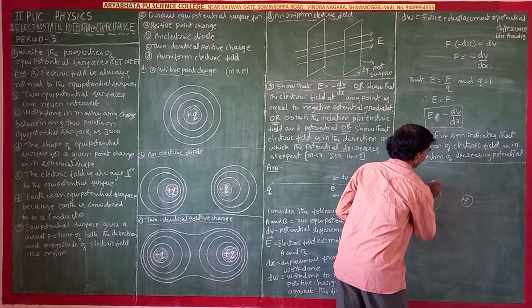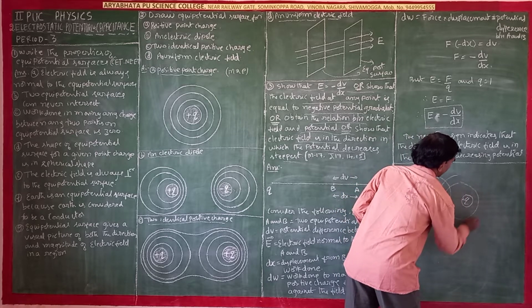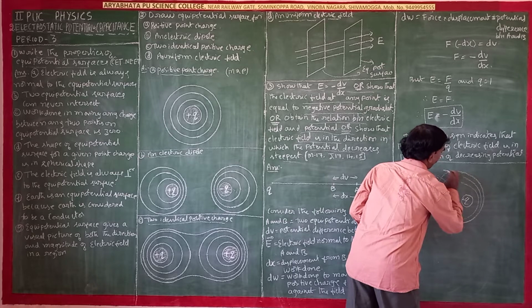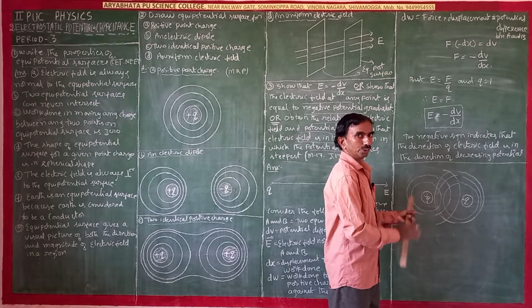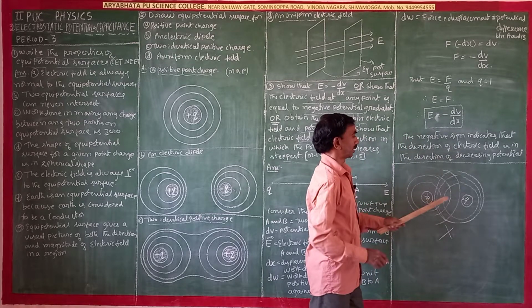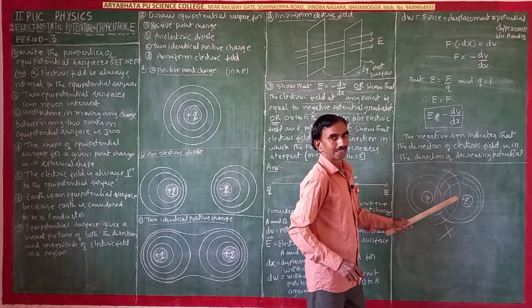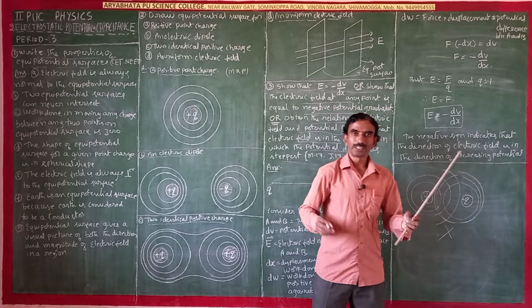This is a positive charge, and its equipotential surface like this will never intersect. Here two charges' surfaces are intersecting. This will not happen. This is wrong. So, equipotential surfaces do not intersect each other.